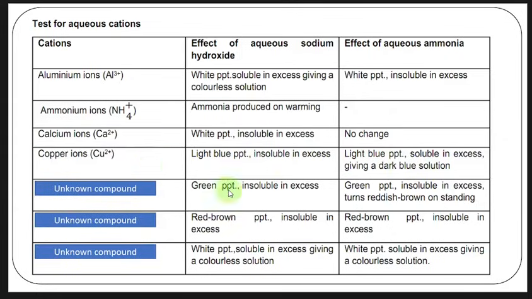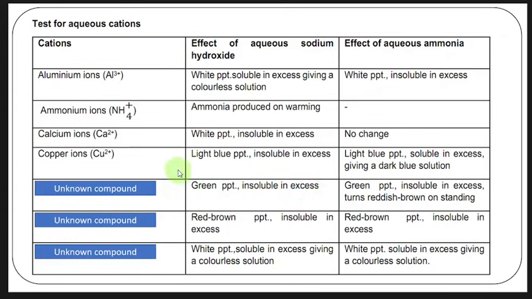All right. Again, if you have another unknown compound where you add a few drops of aqueous sodium hydroxide, and you see that a green precipitate is formed, then you add excess sodium hydroxide, and the green precipitate is insoluble in excess, or it does not dissolve.